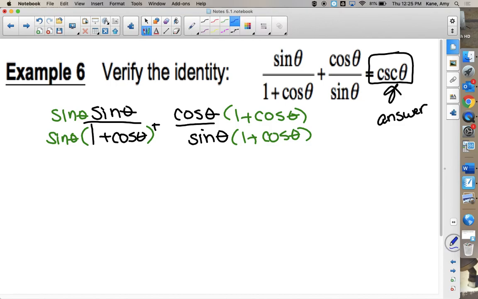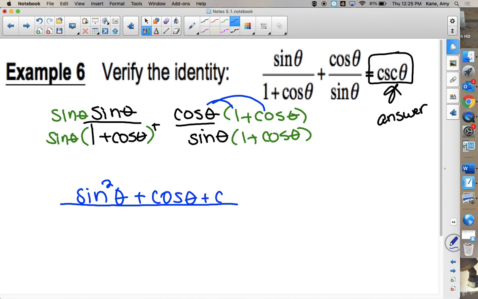So, Julian, what would the top of your fraction say with the tops being multiplied? Sine squared, and then plus cosine times 1 plus cosine. And if I said, let's just multiply that together too, might as well. So cosine plus cosine squared.